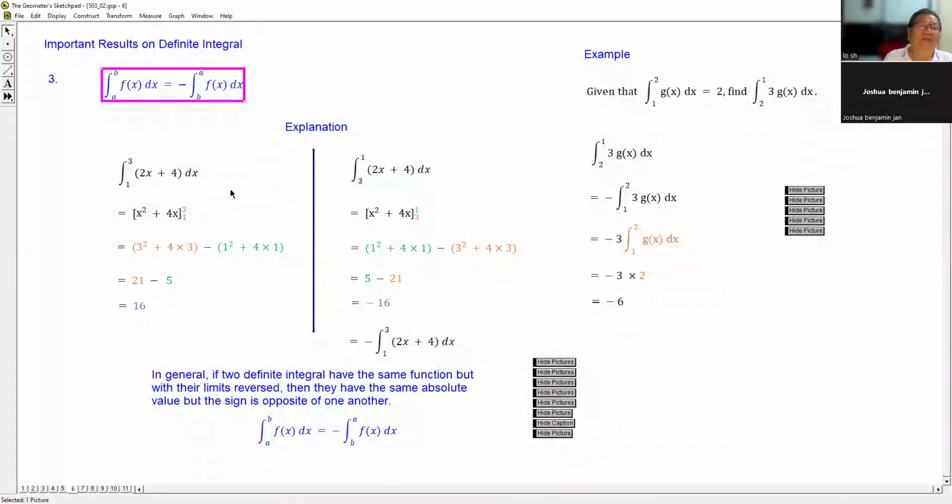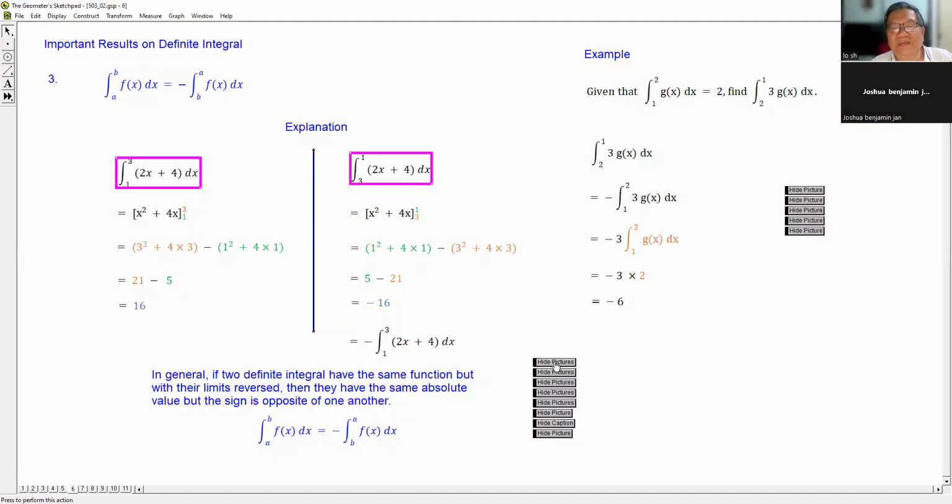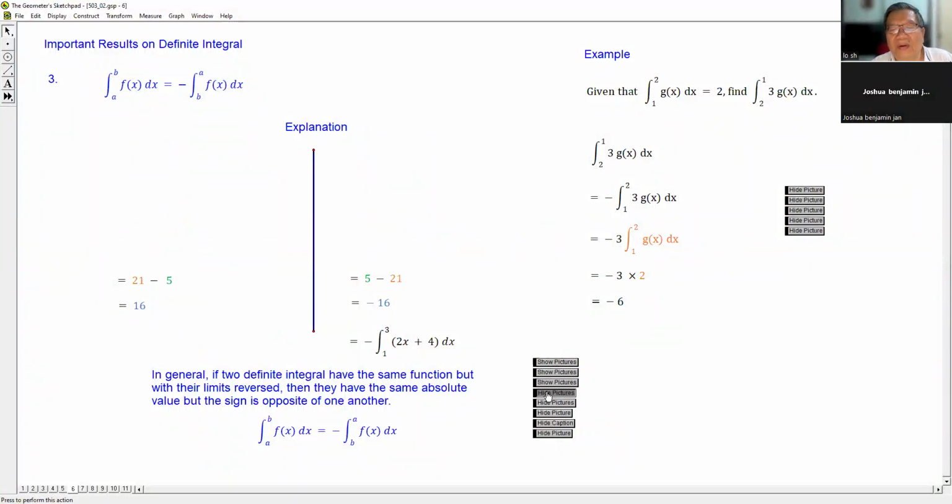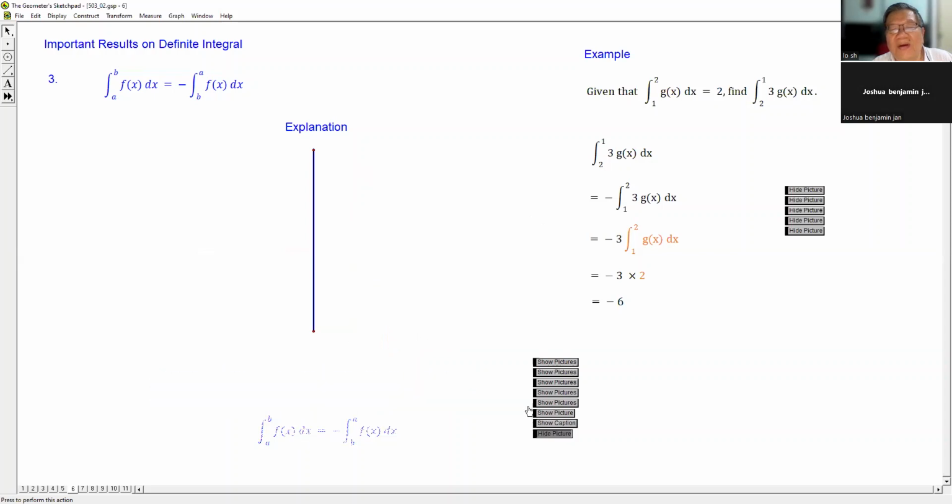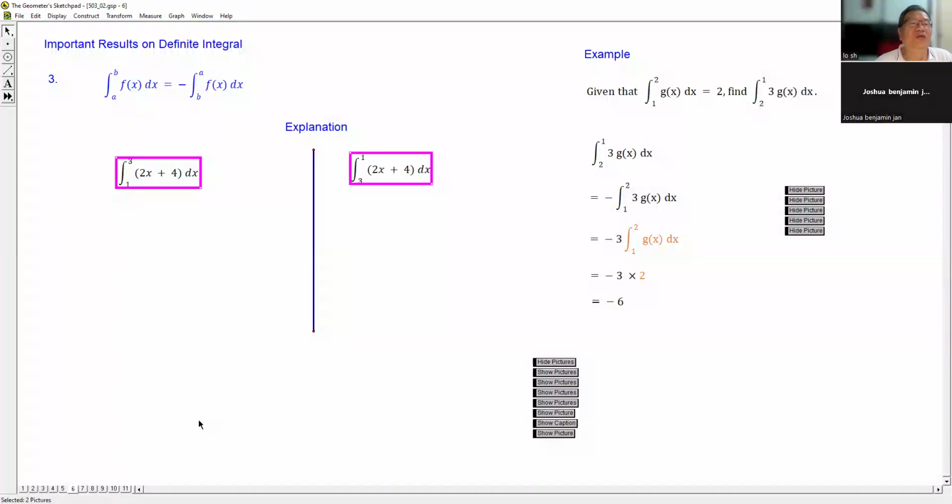But I want to explain further why it is like this, because you also make this mistake. We look at the two functions that we are going to integrate.